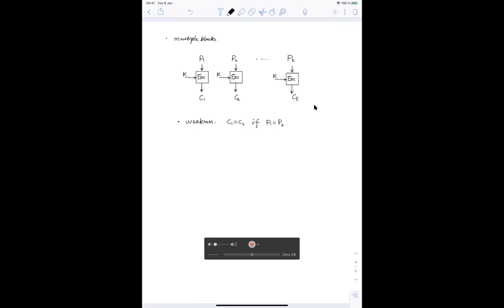Here, we add some extra information, a vector, for each block.